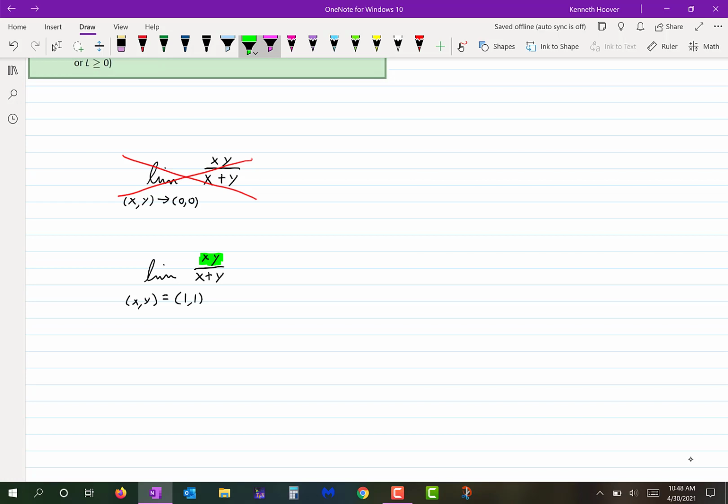The denominator is a sum of two continuous functions, so the denominator is continuous. Therefore, this function is a quotient of two continuous functions, so it's a continuous function. Since (1, 1) is in the domain and the function's continuous, then the limit will equal the value of the function at (1, 1), which is a half, isn't it?